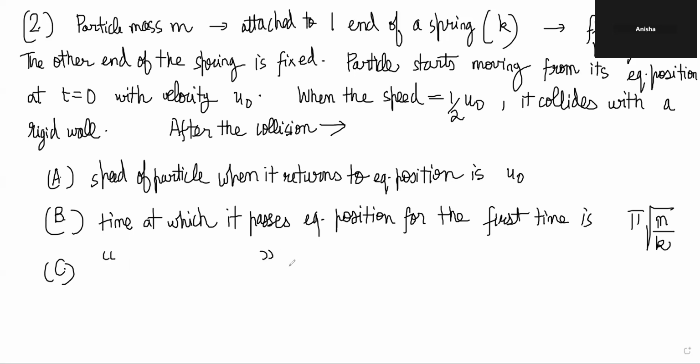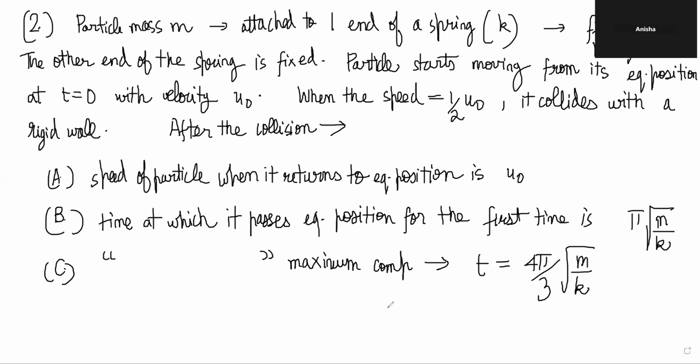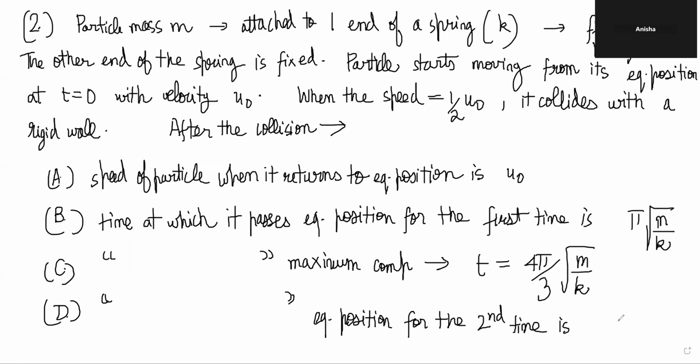Part C, the time at which it has maximum compression is t equal to 4 pi by 3 root over m by k. And part D, the time at which it passes the equilibrium position for the second time is 5 pi by 3 root over m by k.